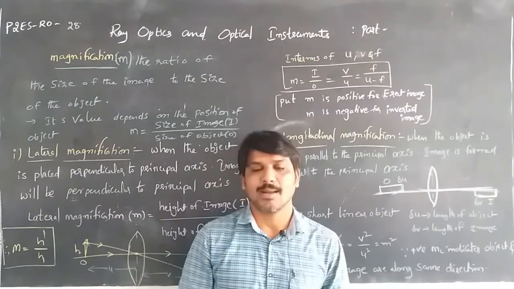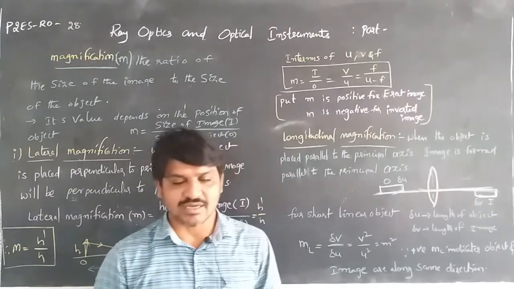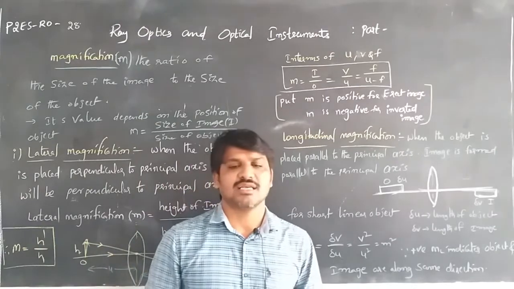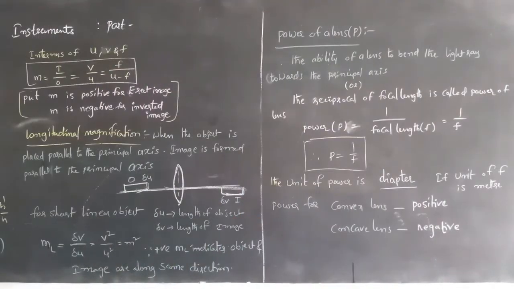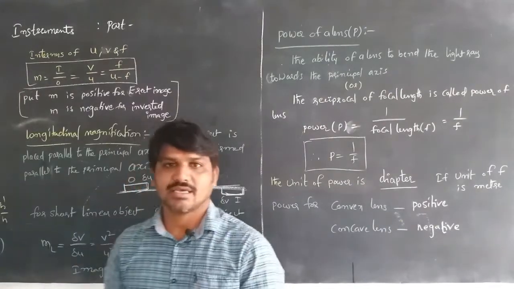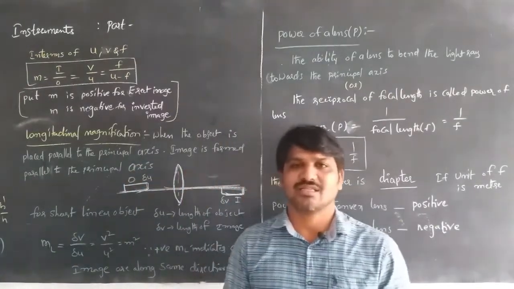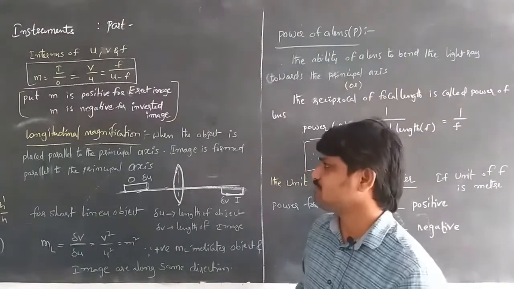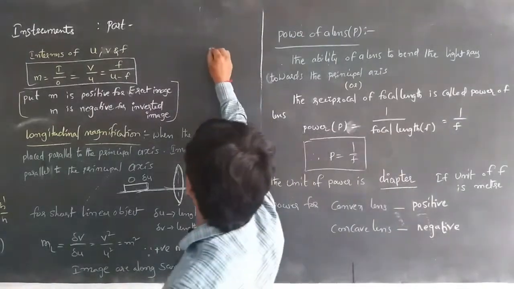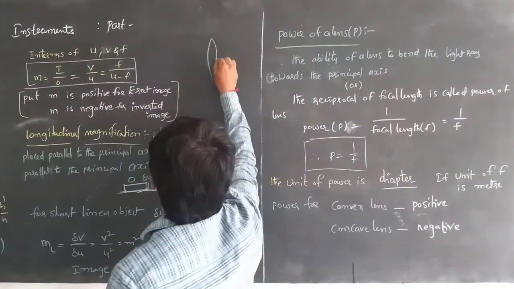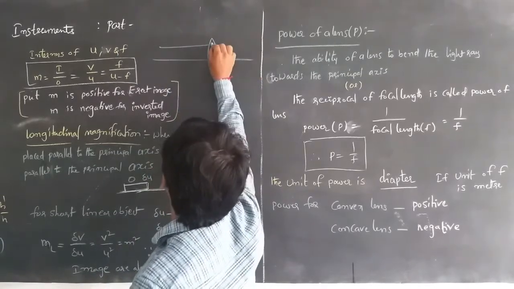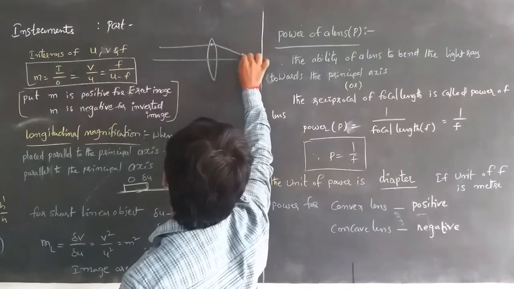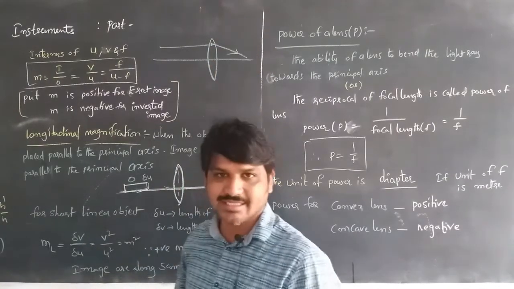This is about magnification. Next we are going to know what the power of a lens is. We know that when light rays are incident on a convex lens, the converging lens, they move towards the principal axis.